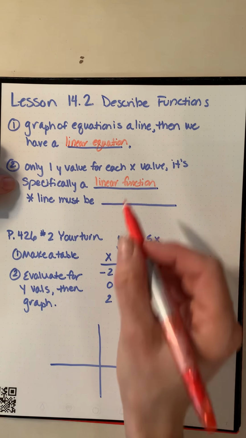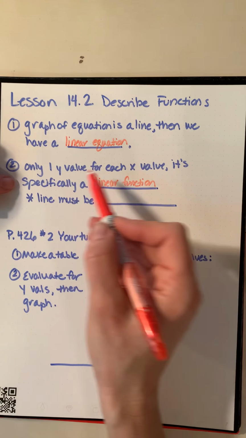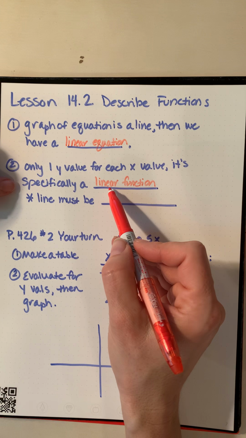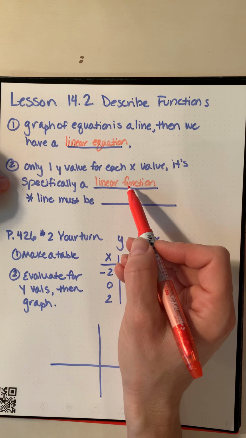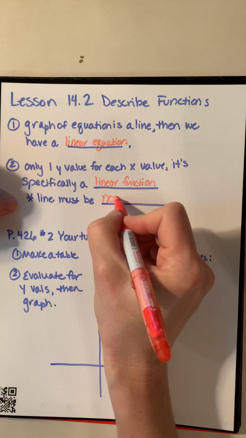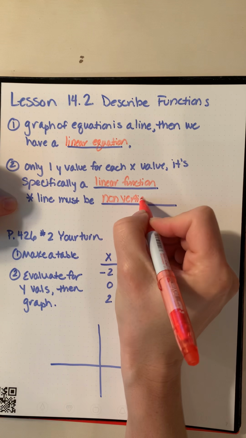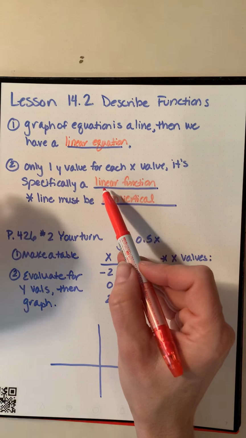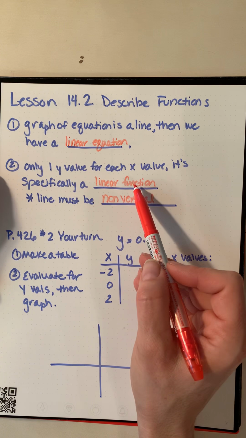So yesterday we talked about functions having only one y value for each x value. If that happens and it also forms a line, then we say it's a linear function, okay? The line must be non-vertical for it to qualify as not only a linear equation, but as a linear function.